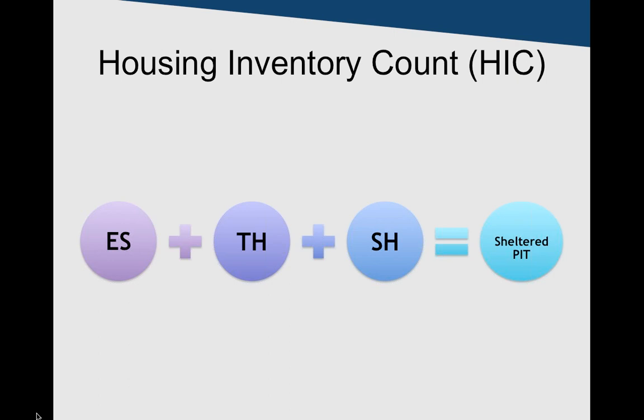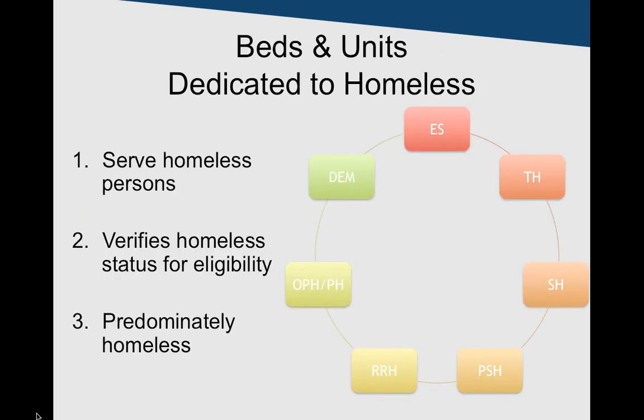And I think we mentioned this earlier, but just to reiterate it, if you put information into HDX, which is where we have to submit our PIT and HIC information, it'll actually throw up a red flag to us and say that the numbers are not corresponding. So we really need to make sure that those numbers are matching up.